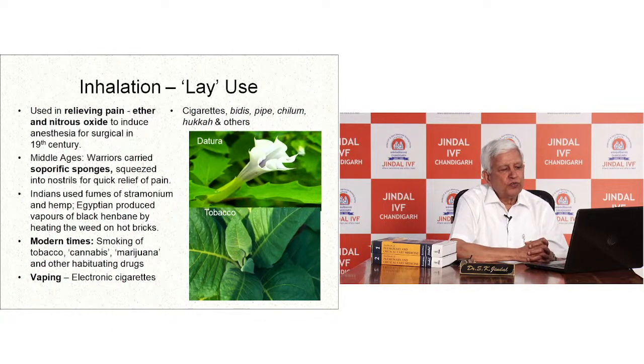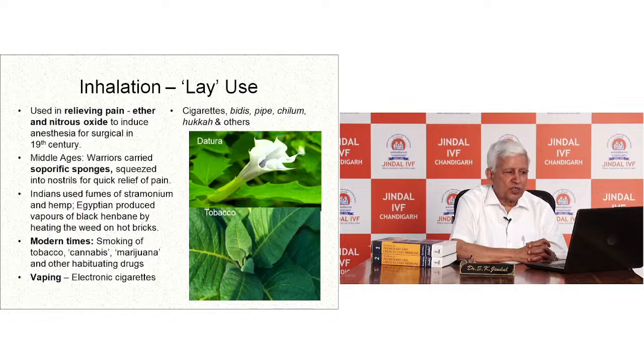These are the two very commonly used plants or herbs for different kinds of therapeutic and habituating effects. For example, Dhatura and tobacco leaves, you see. Dhatura has been used in relieving pain.